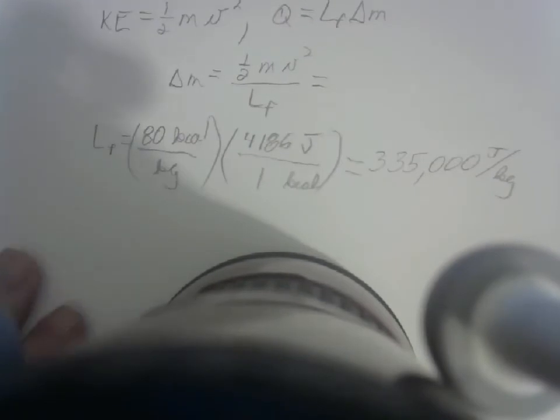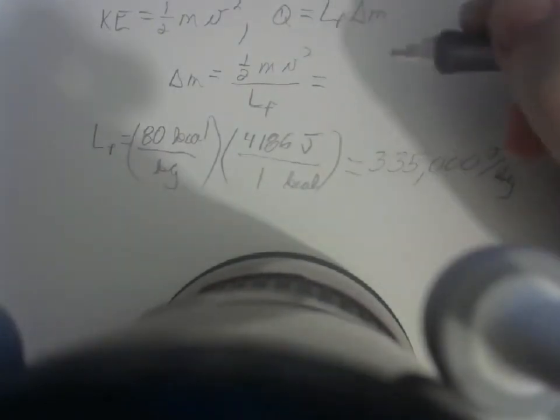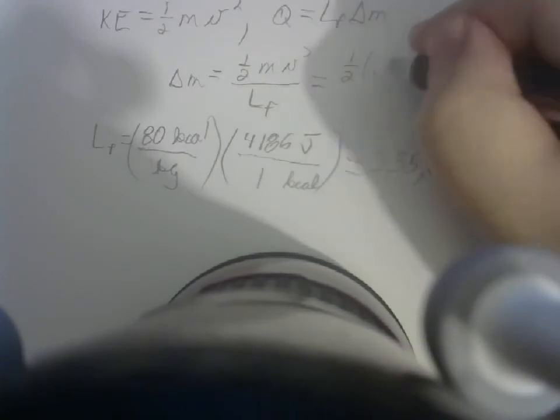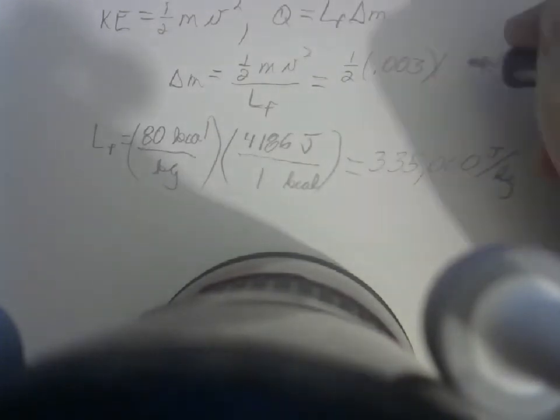So plugging that into our equation, we will get 1/2. The bullet was just 3 grams. Our velocity was 240, so we square that. That was in meters per second.